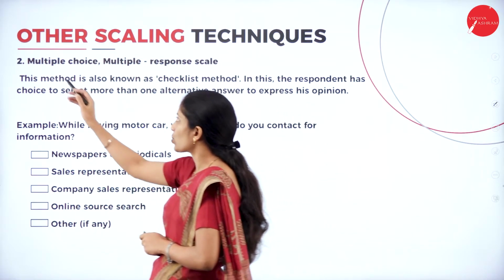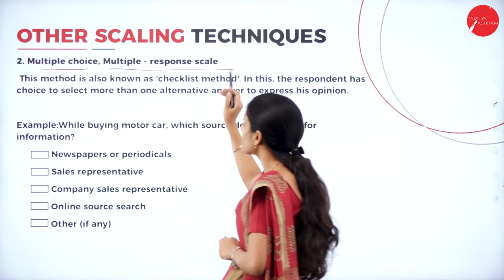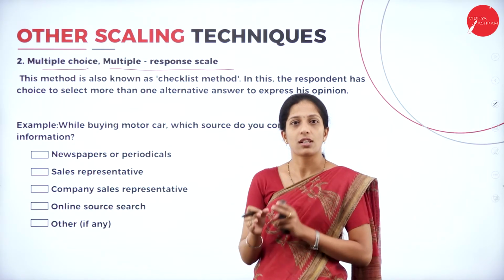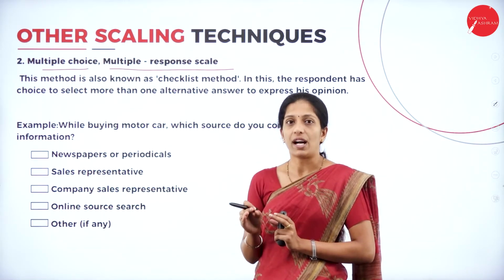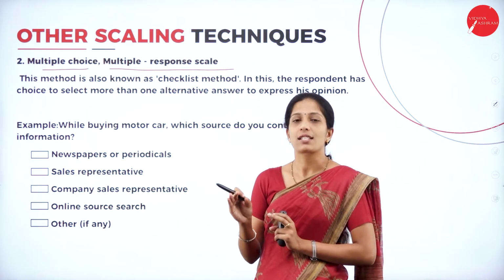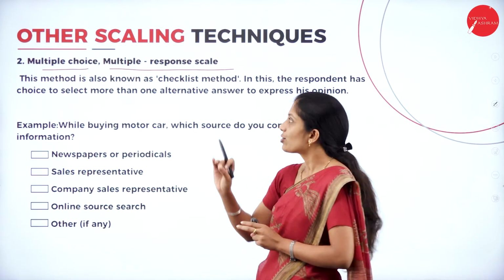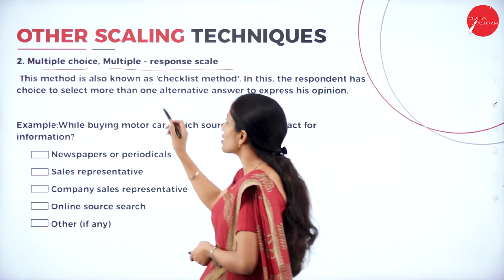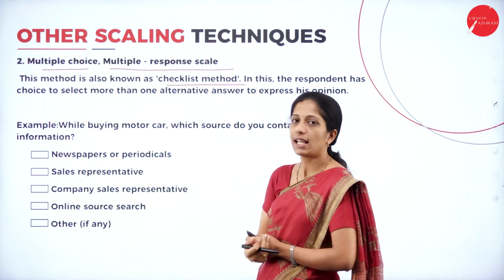Now coming to the next one, multiple choice, multiple response scale. Now here the questions will be asked in terms of multiple choice, but the respondents have to answer not only one answer, so multiple answers can be given. This method is also known as checklist method.